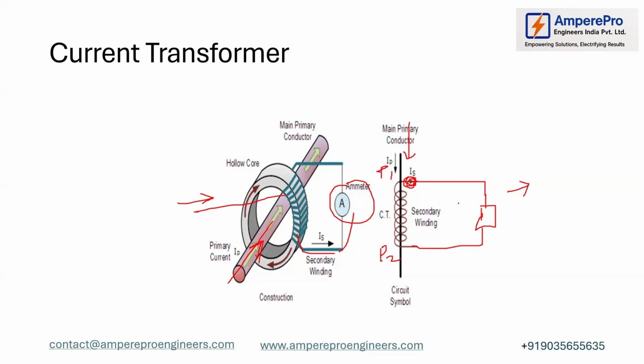There will be one primary, and there may be many other ratios you can take out. So that also works out. Great. So this is the current transformer.